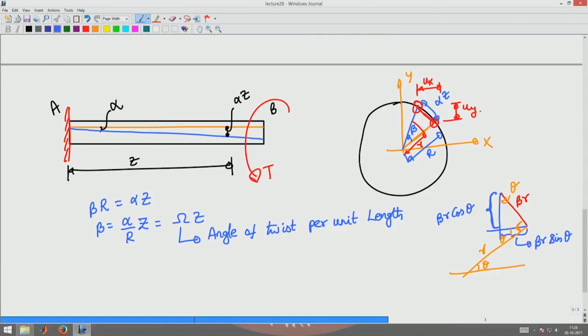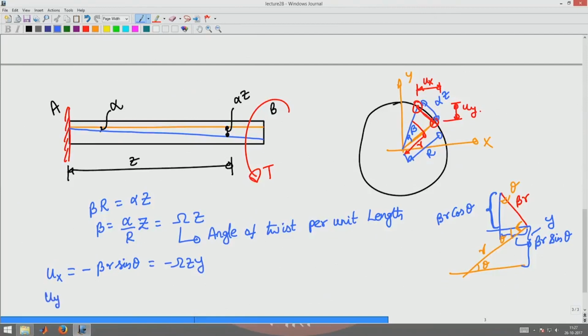Now the ux displacement is a negative displacement, since it moves opposite to the orientation of the axis. Hence it is minus beta r sine theta, or minus omega z r sine theta. r sine theta is nothing but y, so that is minus omega z y.